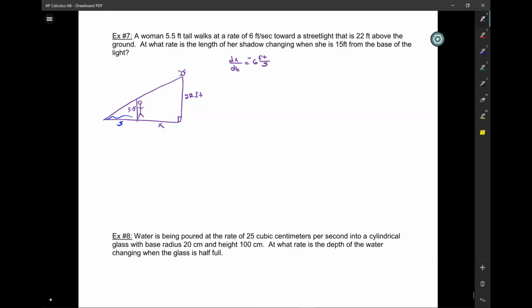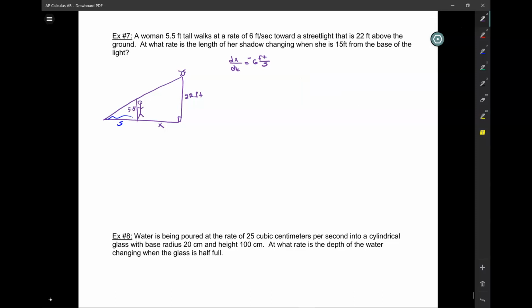There is no direction associated here. I could very well have drawn it this way, so that now she's moving here, to the east or to the west. So this is not a directional thing. This is the fact that the distance between her and the light post is decreasing, right? So it's negative 6 feet per second.